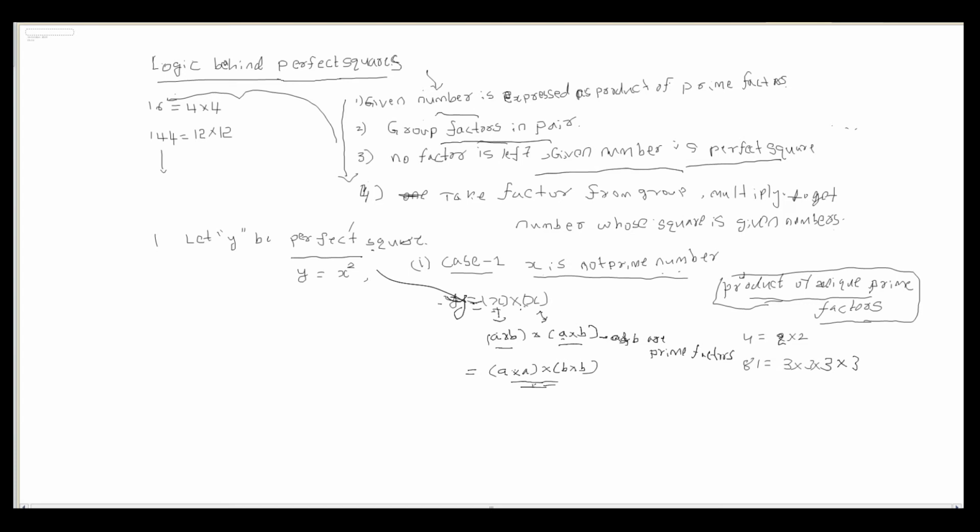Again, in order to find x, you have to find the number whose square is y. What we can do is take a common from this pair and again b common from this. What we get is nothing but x only.